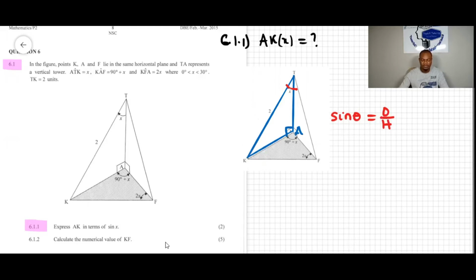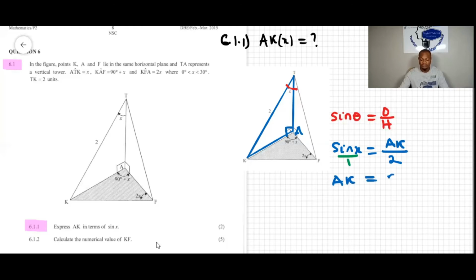Now we can say sine of X equals opposite, which is AK, over hypotenuse, which is 2 units. We know that sine of X is like sine of X over 1, and then we can apply the cross multiplication property. So AK equals sin X times 2.